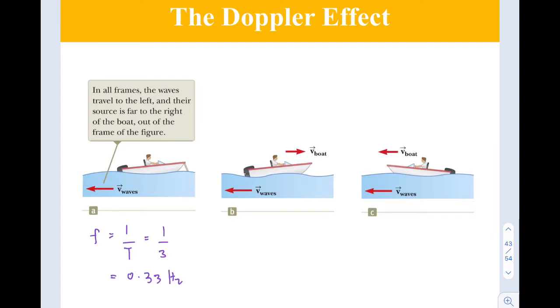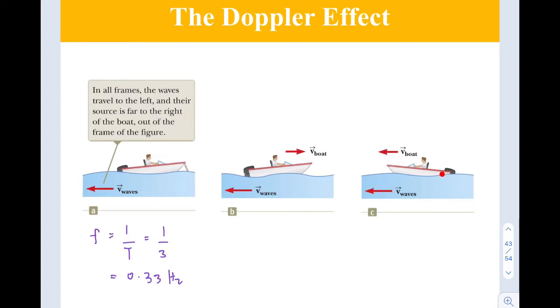If you turn around and move in the same direction as the wave, you observe the opposite effect. You set your watch to t equal to 0 as a crest hits the stern of your boat. Because now you are moving away from the next crest, more than 3 seconds has elapsed on your watch by the time the crest catches you.